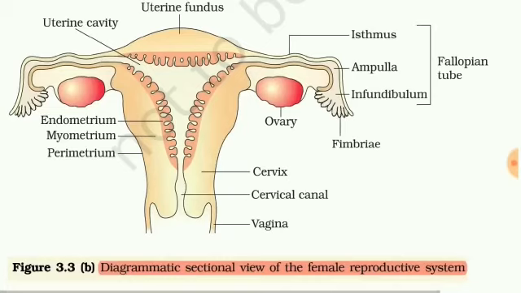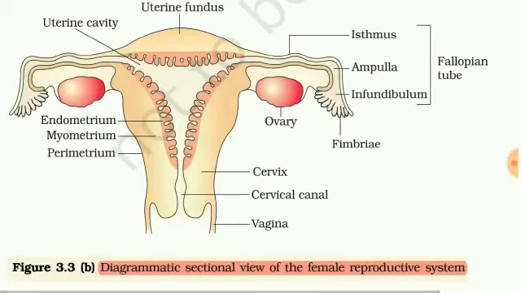After the ovulation process the ovary produces the ovum, and the ovum is first received by the fimbriae. Then the ovum enters into the infundibulum, a funnel-shaped structure, then the ampulla, and then the isthmus. These three parts are collectively known as the fallopian tube or oviduct. In your 10th standard, you studied the oviduct only.